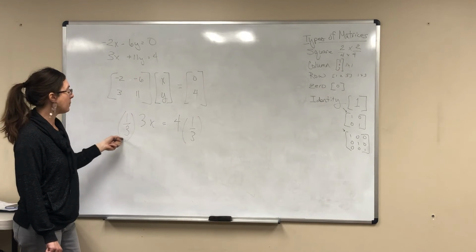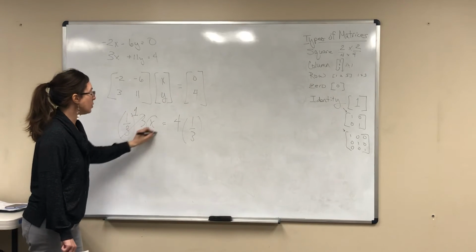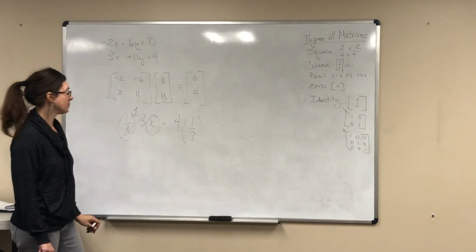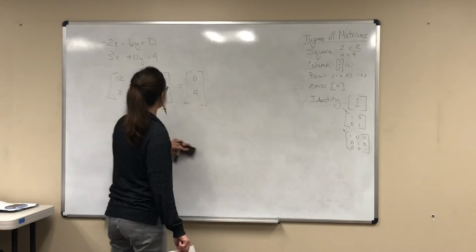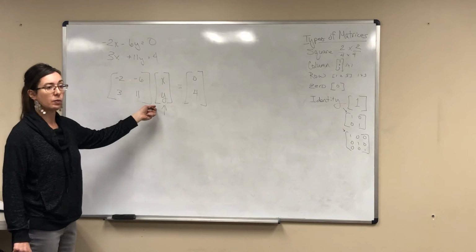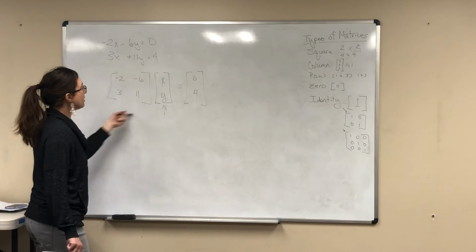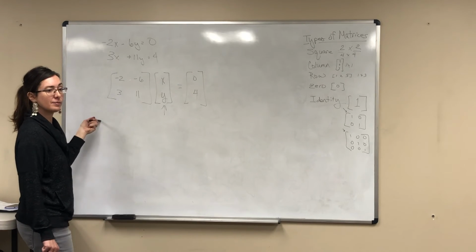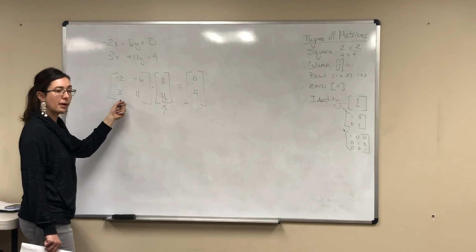When we multiply by the inverse, we end up with the number 1, which simply leaves us our answer. So in this case, since we have set up a matrix, and I want to solve for my x and y, I need to get rid of this first matrix. The way that I get rid of it is to multiply by the inverse.